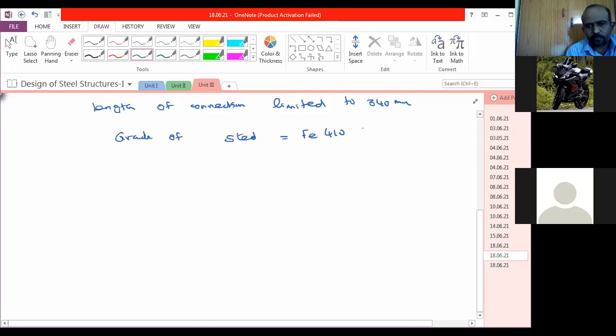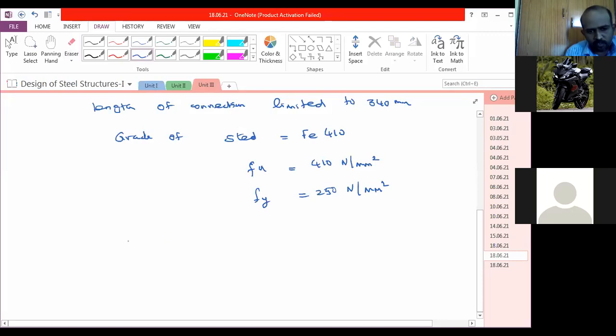If the grade of steel is given, immediately I can write the Fu value is equal to 410 Newton per mm square, and the Fy value, anyone? What is the Fy value? The Fy value will be 250 Newton per mm square. I hope everyone knows this data.